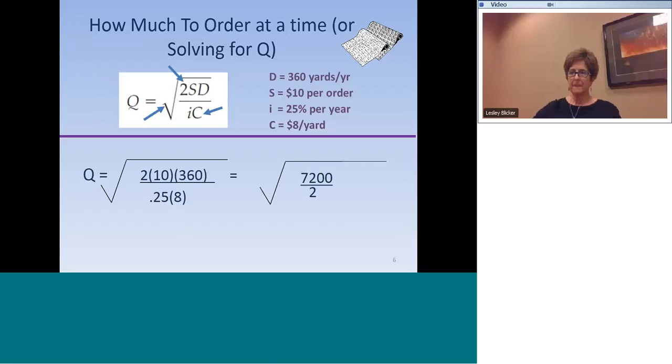So if we do the numerator computations first, we arrive at 7,200, and the denominator computations, we arrive at 2. When you divide 7,200 by 2, you arrive at 3,600. Now you're down to a single number, and you can finally take the square root of that, which happens to be 60 yards. Our optimal order size, or Q, is 60 yards.